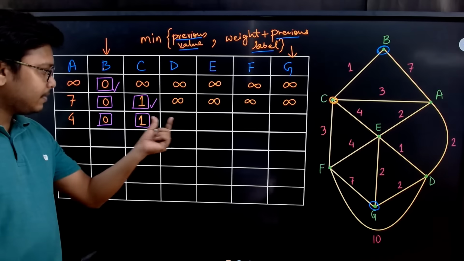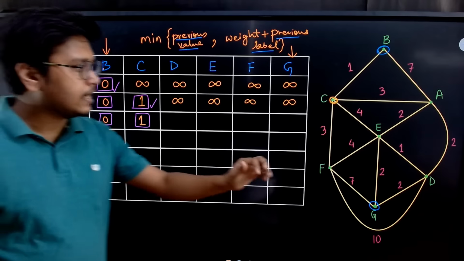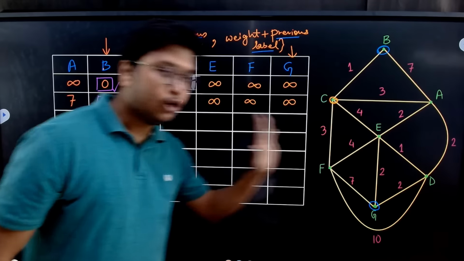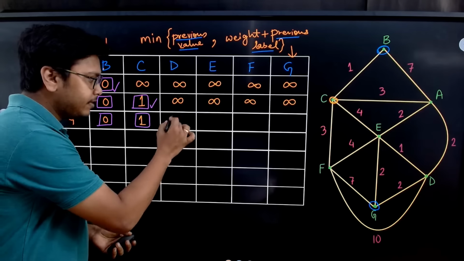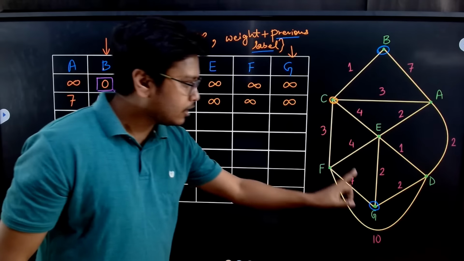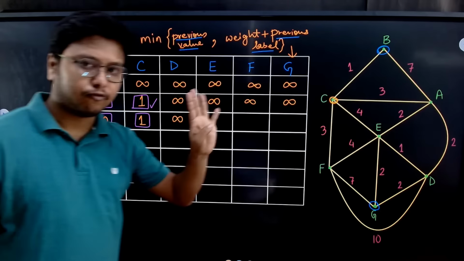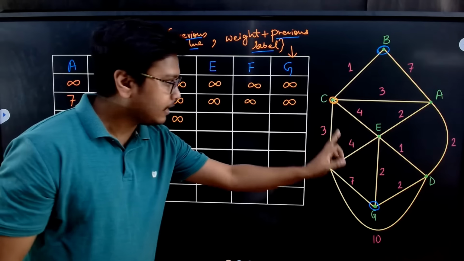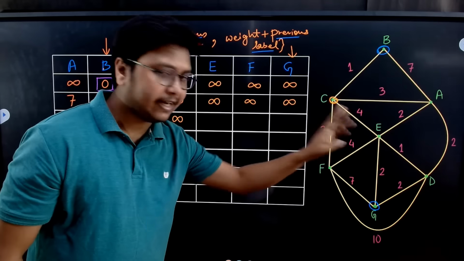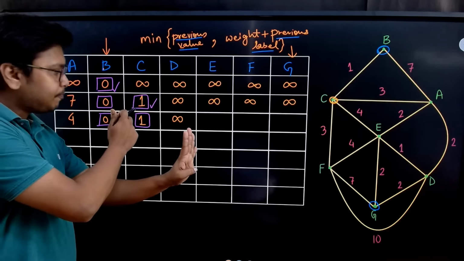Similarly, from C we're going to D. So from C to D, no direct connection, so the infinity is going to follow on. From C to E, there is a weight. The weight is 4. So minimum of previous value infinity, comma, weight from C to E, the weight is 4, plus the previous label.